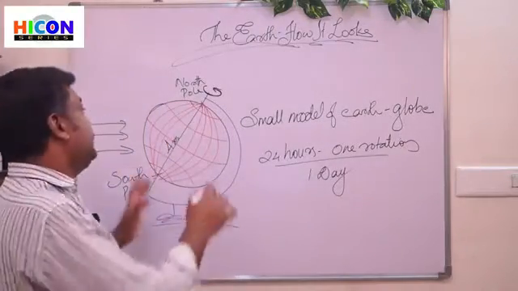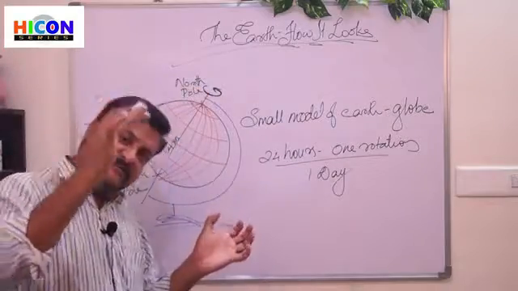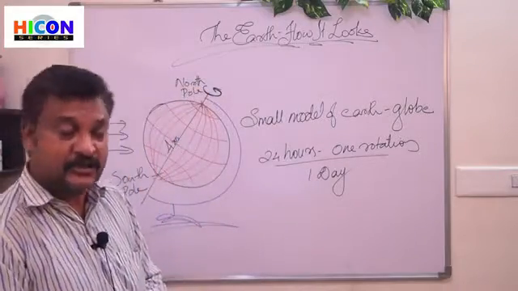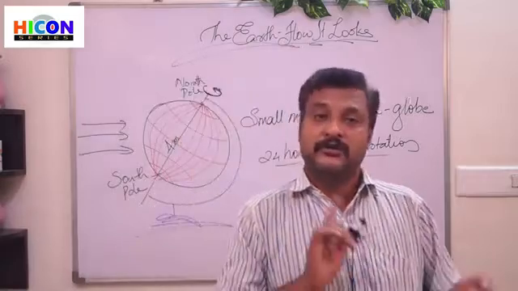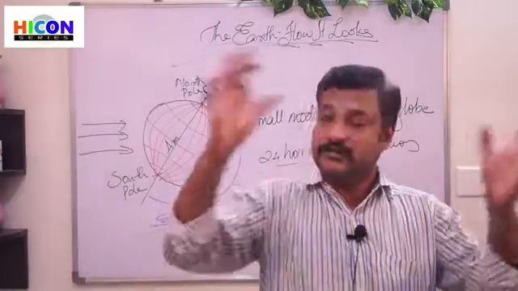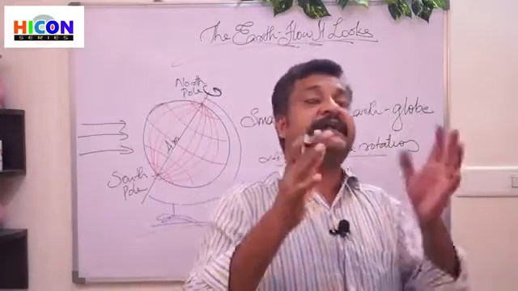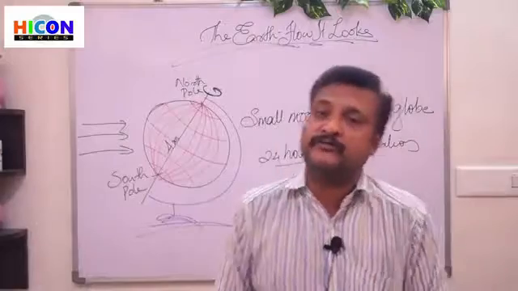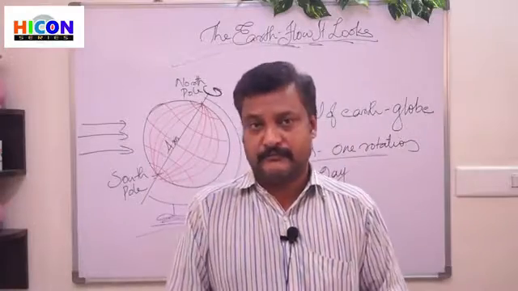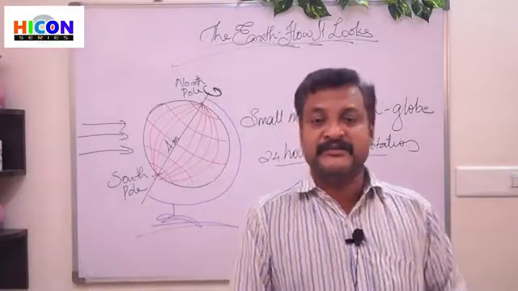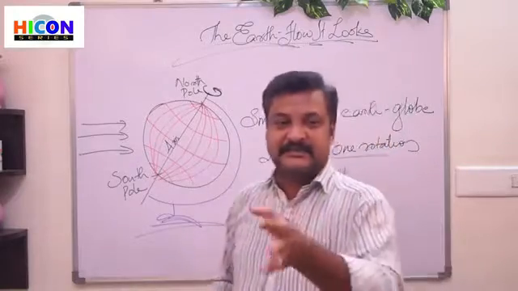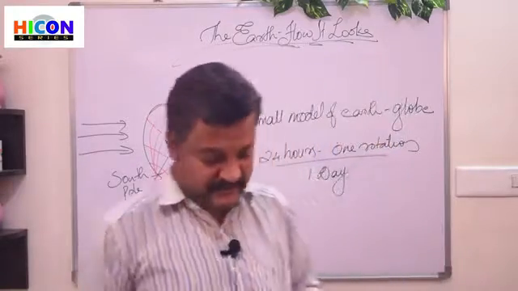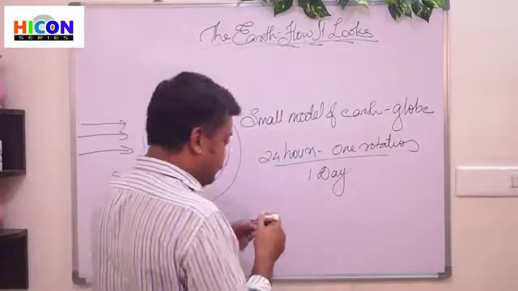So it is almost in the same shape of the earth itself, so that we can understand how earth rotates, how the earth is shaped, which areas are found in which part of the world, everything. So in this way, a globe is an exact representation of the earth on a small scale.